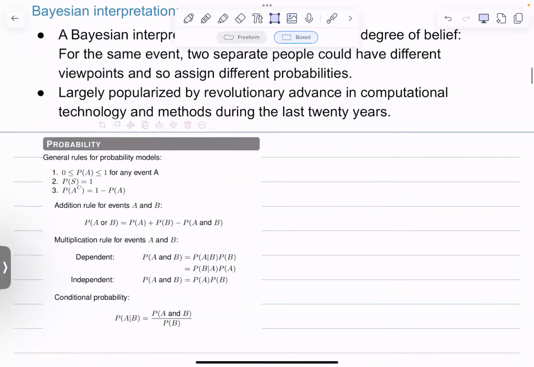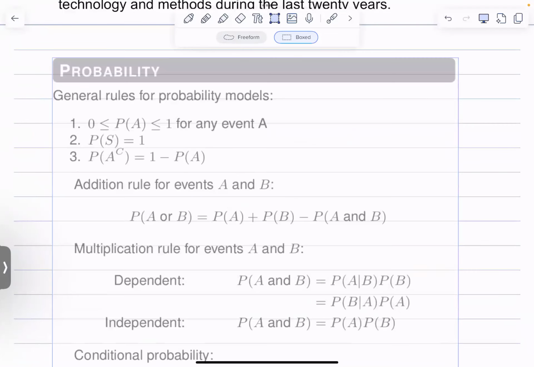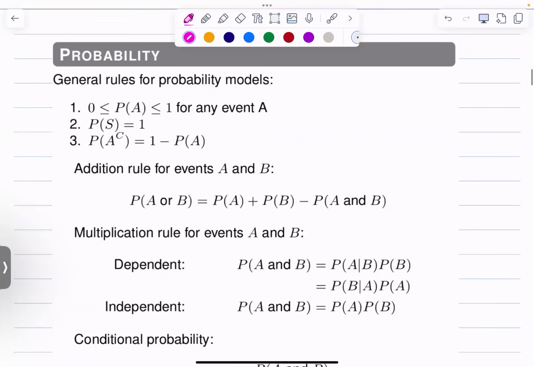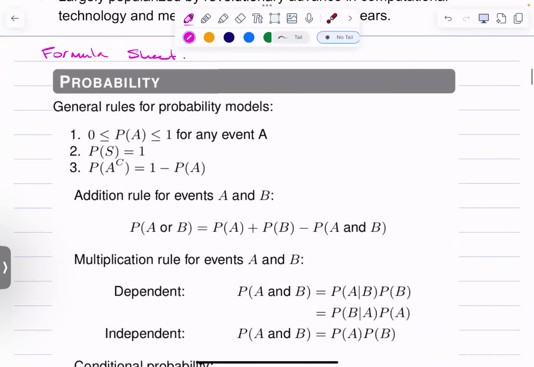So this is from your formula sheet. We've got the general rules for probability models. Just kind of fancy for probabilities in general.